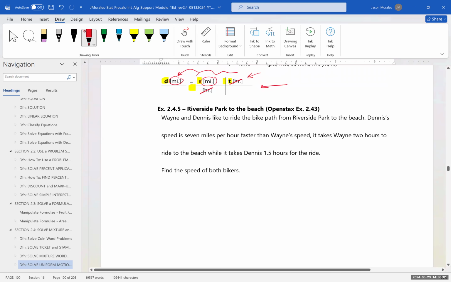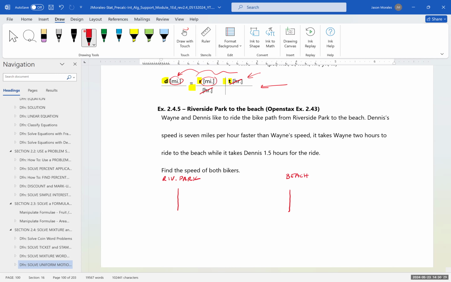All right, so let's maybe draw a picture of this to see what we've got. We may not remember just the particulars, but let's try and draw a picture here to help us out. So here's going to be our starting point, and this is Riverside Park. Then over here is going to be the beach.